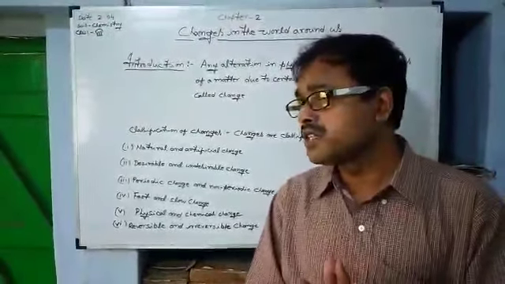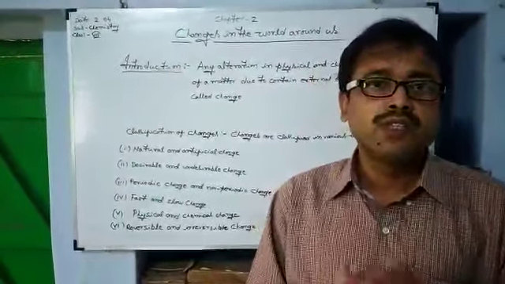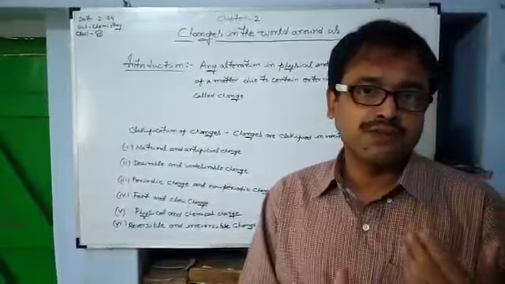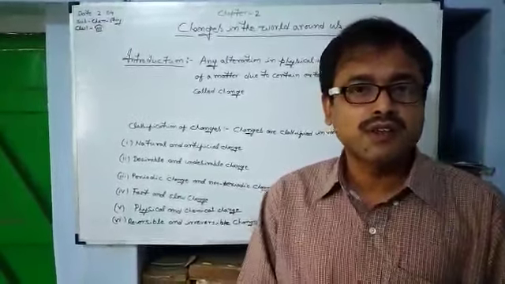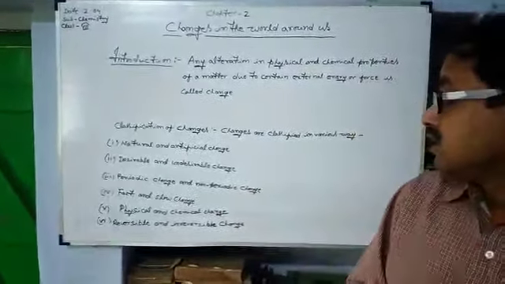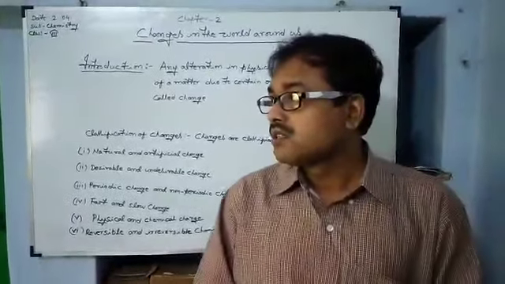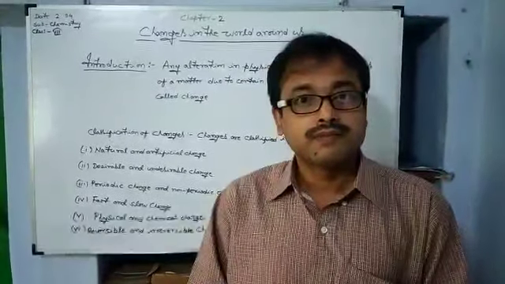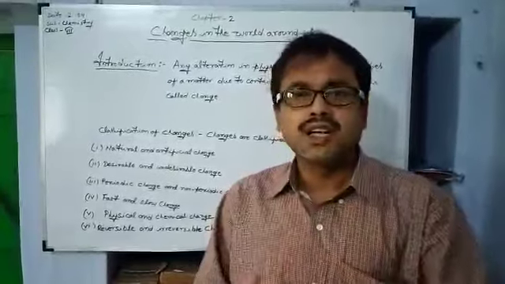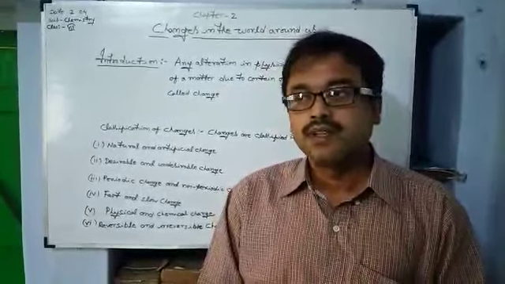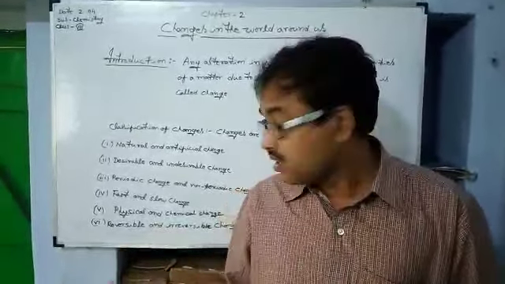Now, what is periodic change? Those changes which repeat themselves after a regular interval of time are called periodic changes. On the other hand, those changes which cannot repeat themselves and occur at any time are called non-periodic changes.